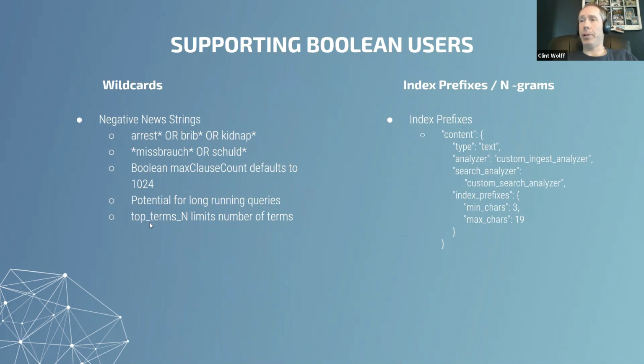So you could sort of solve this by using the top terms n feature, where n, I could define 1024, and that's going to pull out the top 1024 terms that bribe wildcard would expand to. But those top terms aren't top terms by frequency or by inverse document frequency. It's top terms alphabetical, right?